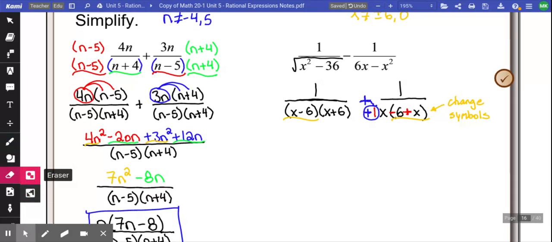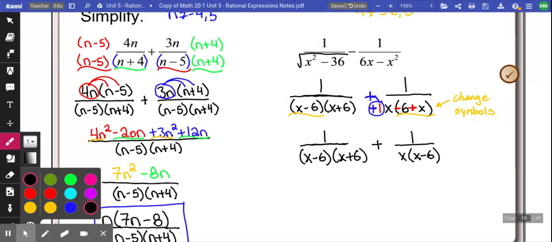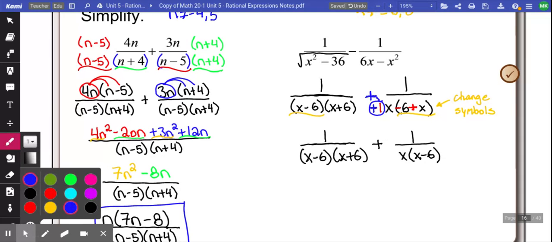And now I have 1 over x minus 6, x plus 6, plus 1 over x, x minus 6. And by doing that little bit of a trick, taking that negative 1 out and then floating it out front, I now have an addition problem, which is easier, and I also have a common denominator that's already half there.